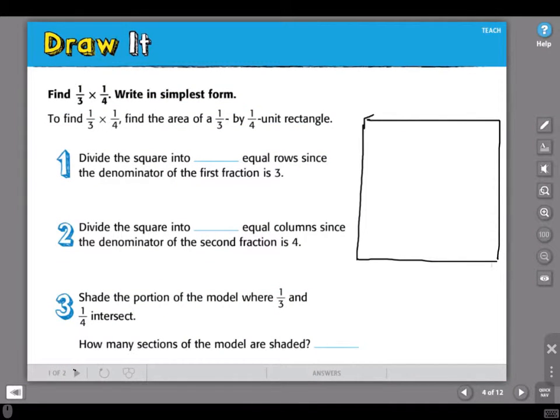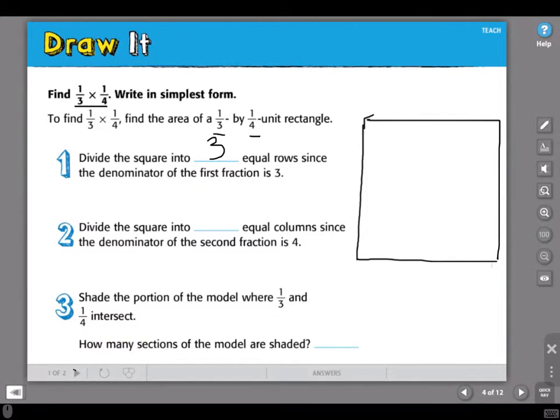So here, we're being asked to find 1/3 times 1/4 and write the answer in simplest form. To find 1/3 by 1/4, we're going to find the area of a 1/3 by 1/4 unit rectangle. So our first step, divide the square into 3 equal rows.